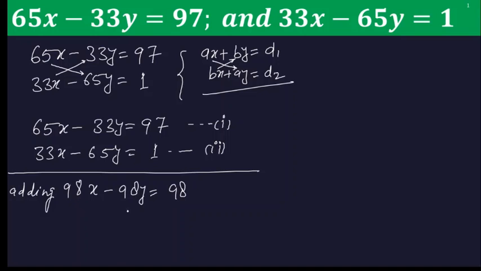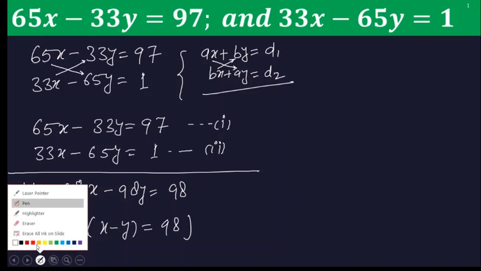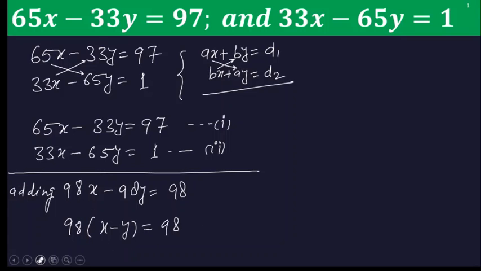See, you are seeing here 98: 5 plus 3, 8; 6 plus 3, 9; 3 plus 5, 8; 9. So I found 98 common. So x plus y is equal to 98. I kept 98 by mistake, and I found x plus y equal to 1.